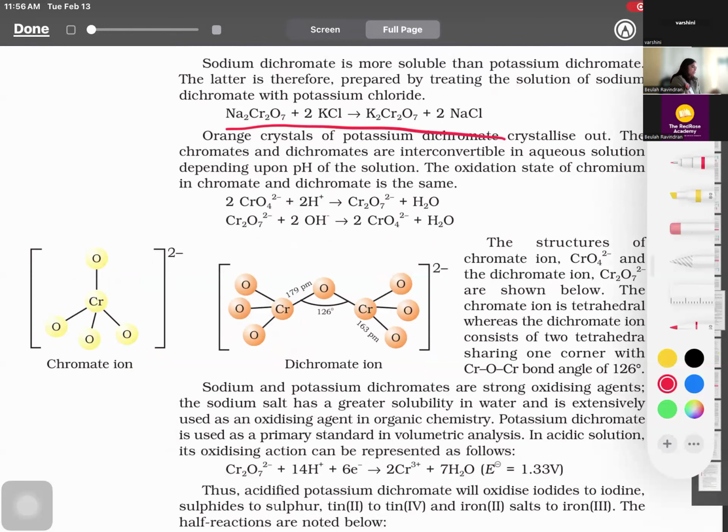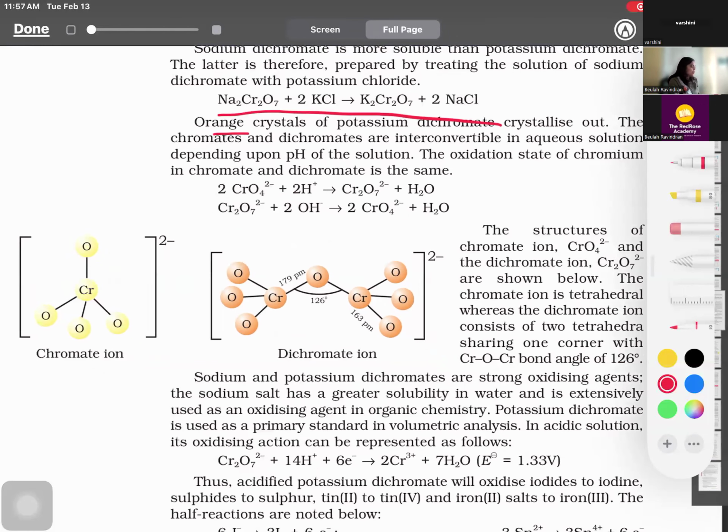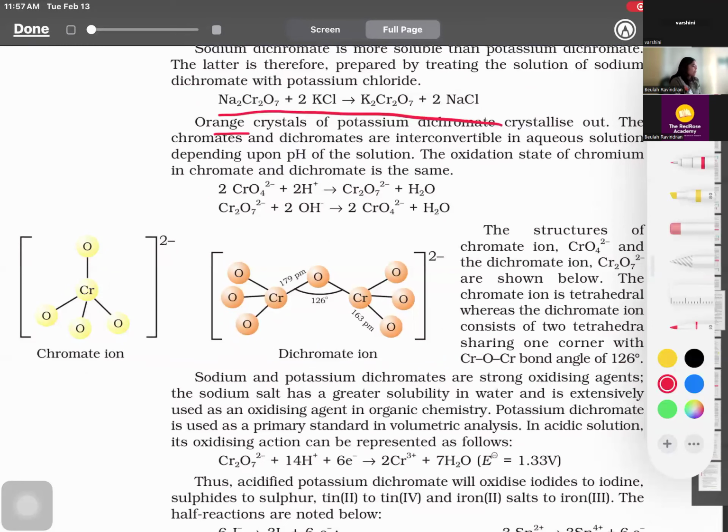So what is the color of potassium dichromate? Orange. Which one is yellow? Sodium chromate. Potassium dichromate is an orange precipitate. So the chromates and dichromates are interconvertible easily, and it becomes aqueous also.